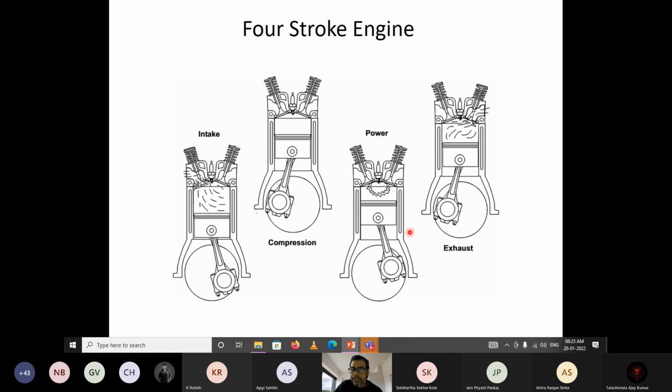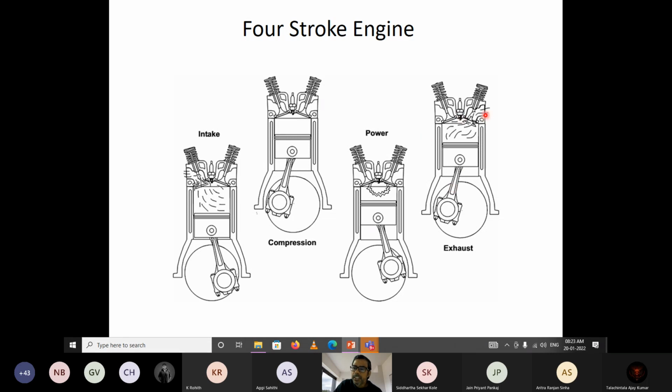Towards the end of the expansion stroke, the exhaust valve is going to open. Some of the combustion products inside the chamber will flush out to the atmosphere because of the pressure difference between the combustion chamber and the exhaust manifold, and the remaining products will be expelled by the action of the piston. In that exhaust stroke, the piston will move from the bottom dead center to the top dead center.